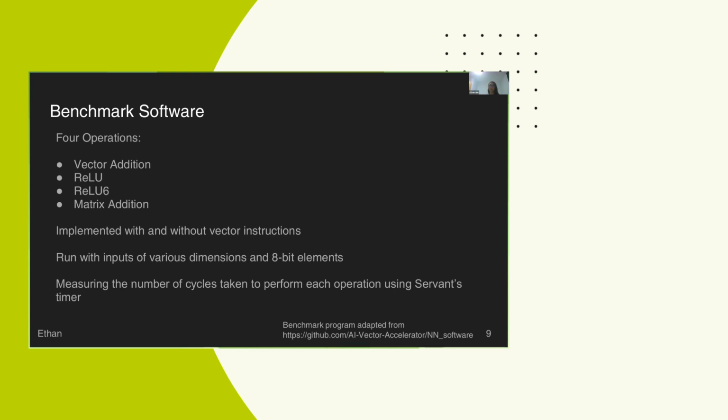We tested each operation with different numbers of elements: 48, 16, 32, 64. We tested with and without the VPU in order to measure how much of a performance boost the VPU would give us.